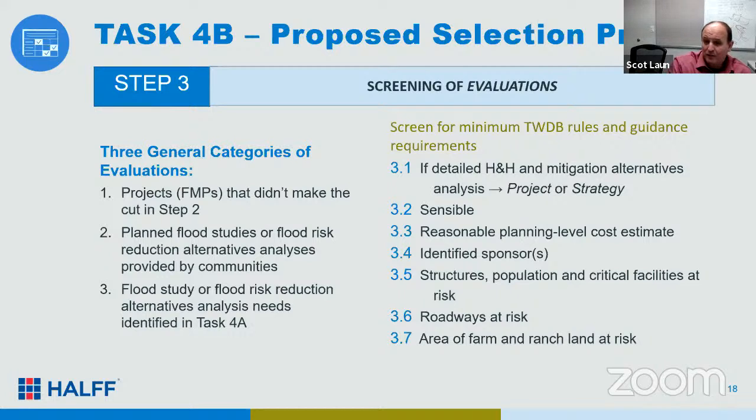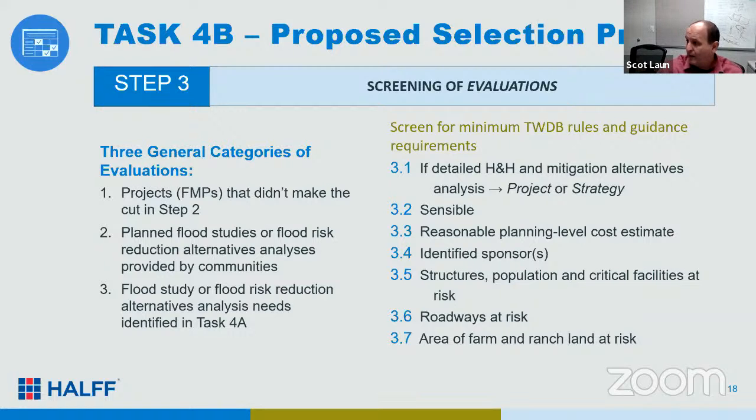If there is an identified sponsor, that's an important part, a reasonable planning level cost estimate, identifying where the roadways, structures, farm and land terrain, if those are at risk. So that's part of the evaluation process, to screen to make sure that this is a project or wants to be included in the report as an evaluation or study.